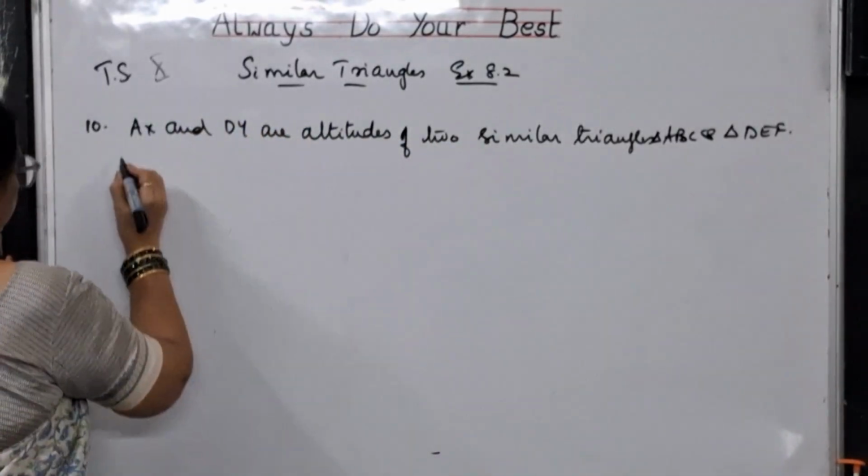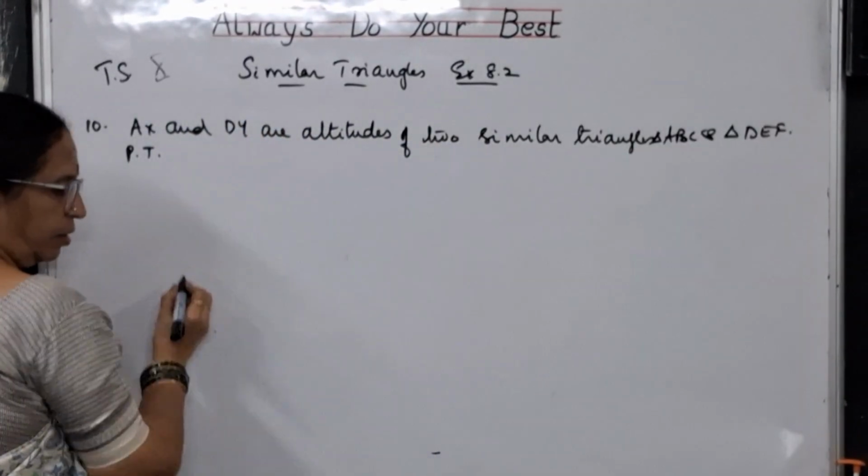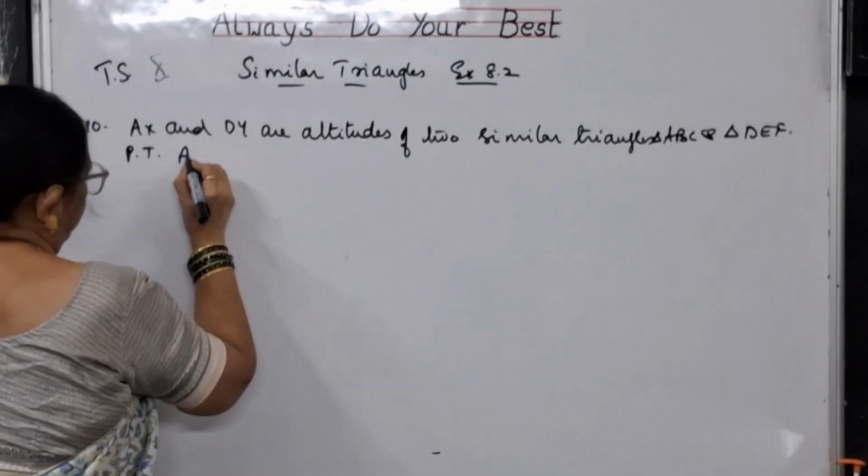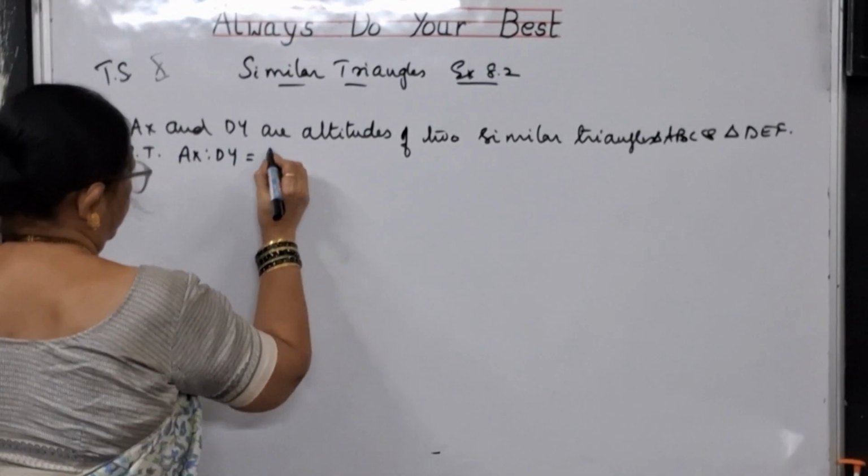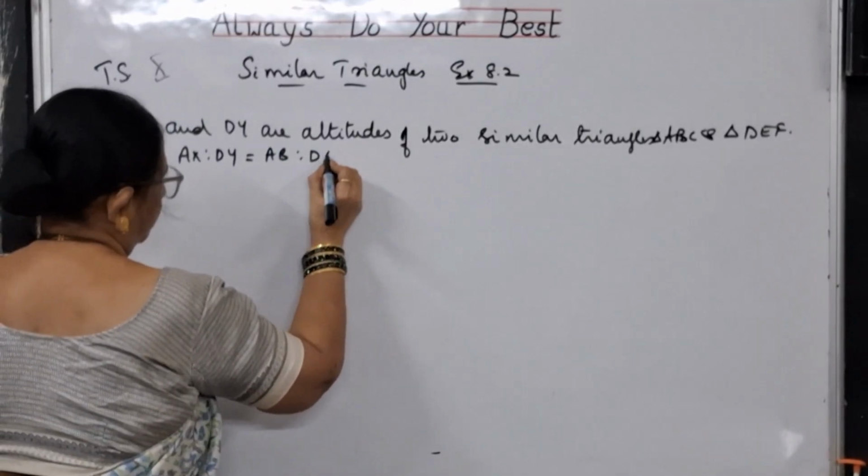Prove that AX is to DY is equal to AB is to DE.